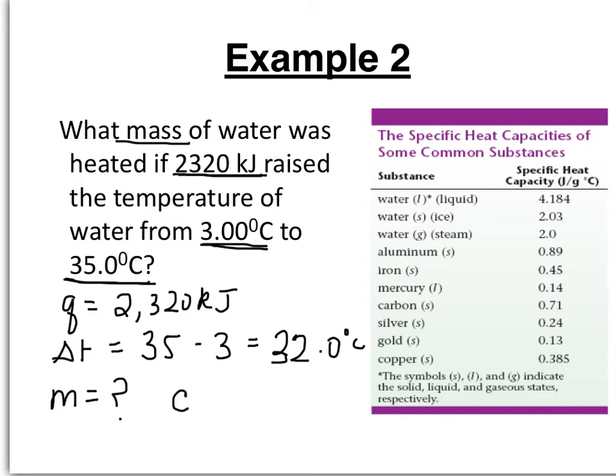In terms of C, we can go over here to water, and we'll look at liquid water, so that's 4.184 joules per gram degree Celsius. On the next page we'll continue this problem by putting those variables into our equation and solving.